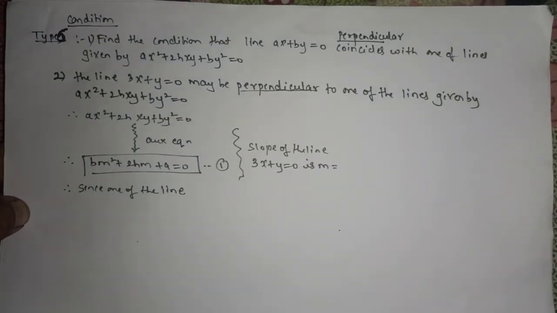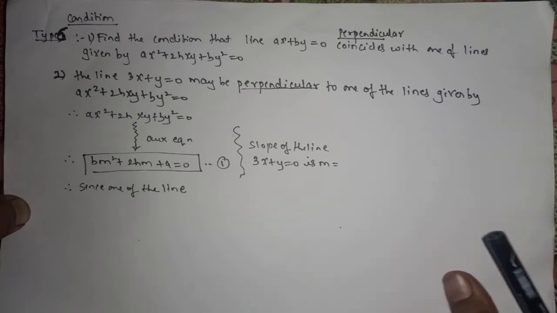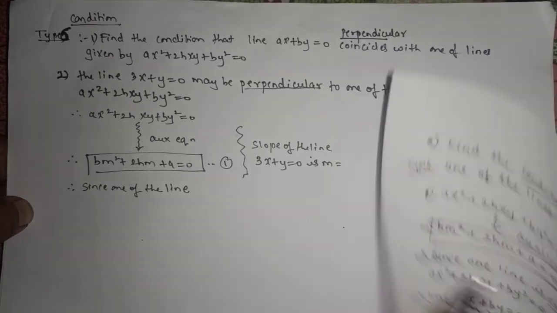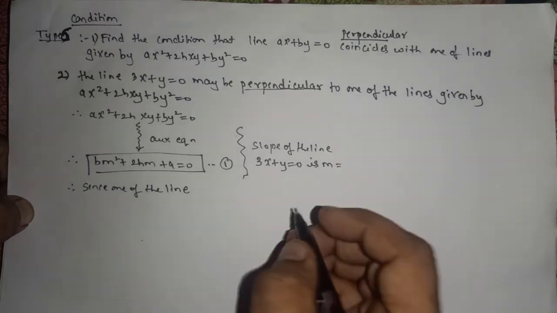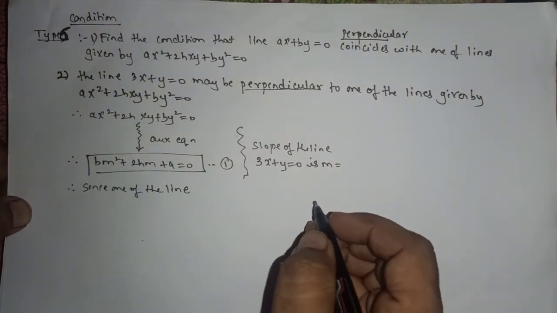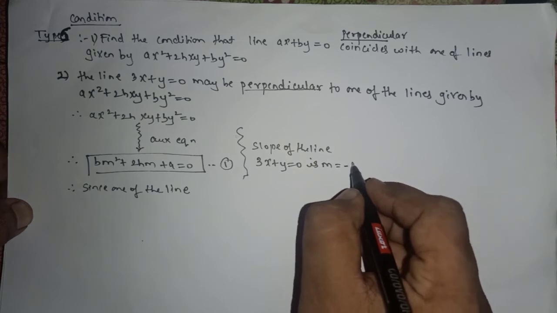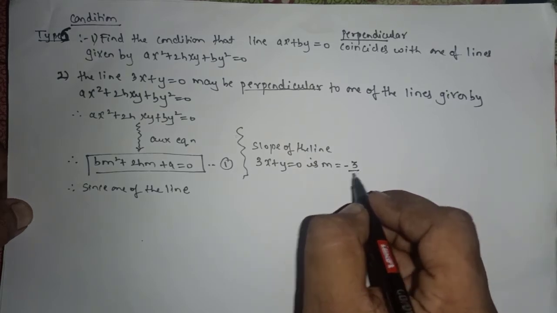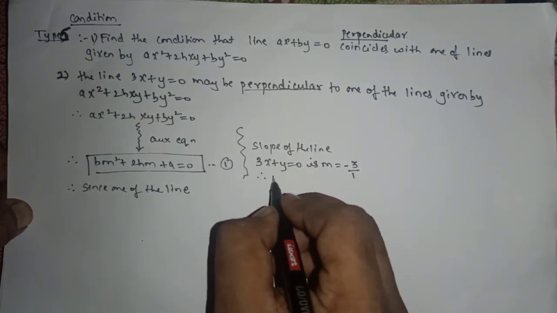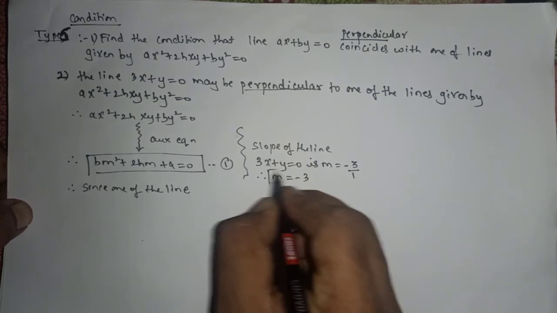Yes or no? So what do you get using this formula? Minus 3 upon 1, therefore m equals to minus 3.